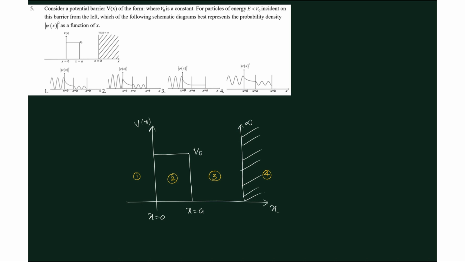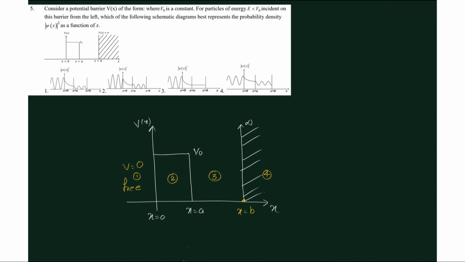The wave function should end at this point, that means x is equal to b. Now if you see the left side of x equal to 0, nothing is given for the potential, so we can take the potential as 0. If the potential is 0, the particle is a free particle. First let us find the nature of the potential. Here it's a free particle, potential is 0.